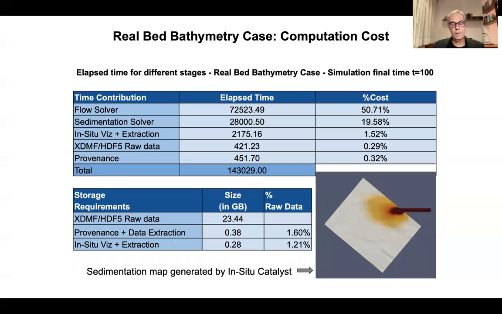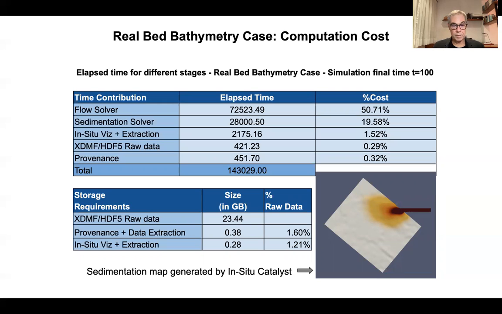In this table here, you can see the computational cost for all this and the elapsed time for the different stages: the flow solver, the sediment solver, the in situ visualization plus data extraction, the reading and writing, and collecting provenance data for steering the simulation.